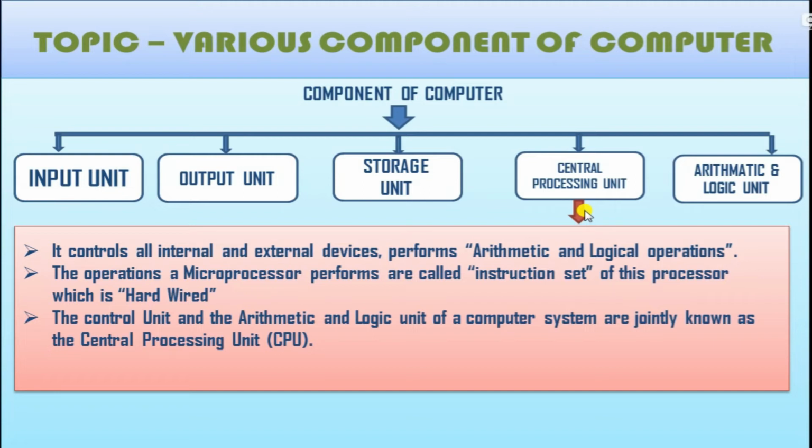The control unit and the arithmetic and logical unit of a computer system are jointly known as the central processing unit. As we say, this is the brain of the computer.